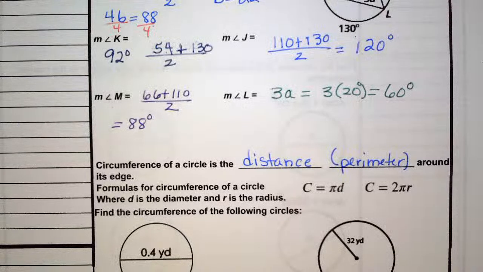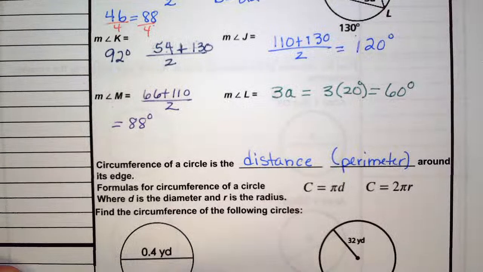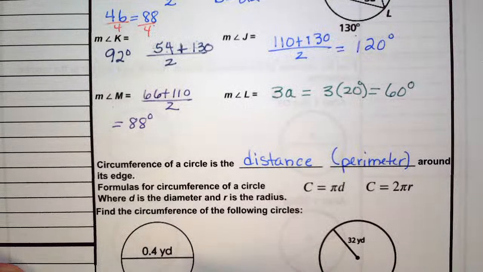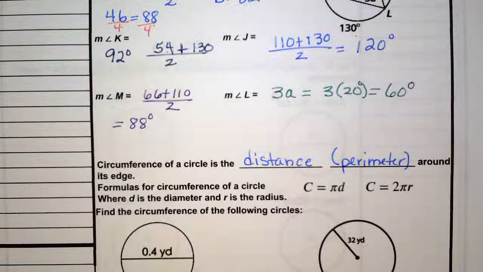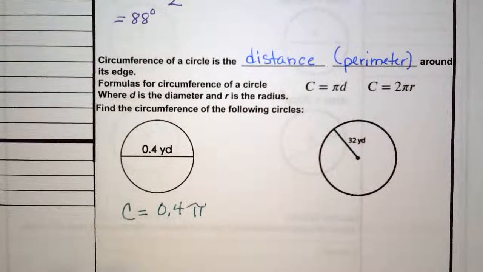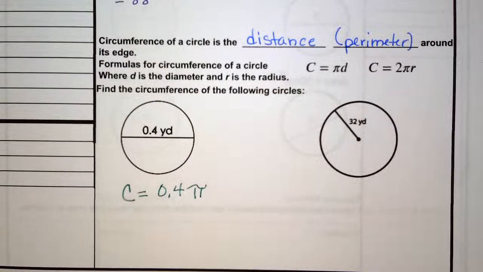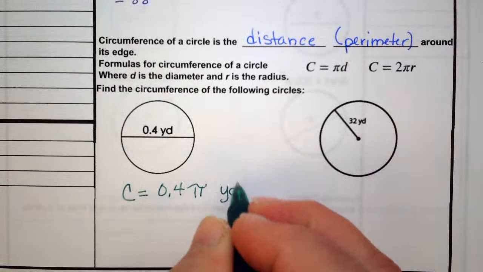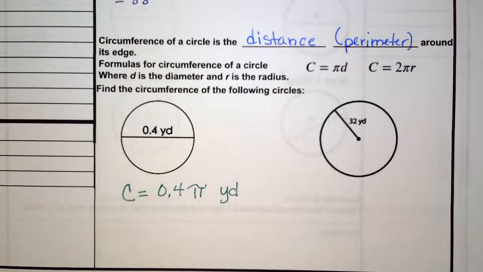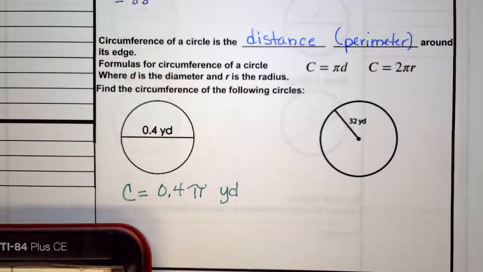So if we're looking at the first one, my circumference is equal to, what's my diameter? 0.4 followed by the pi. That is your actual length, and that would be in yards. Okay, what if we wanted to just approximate it?